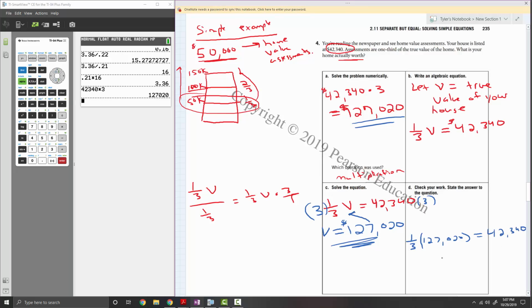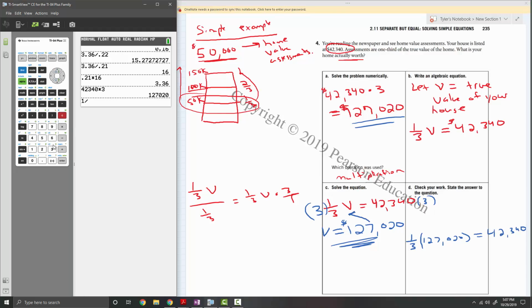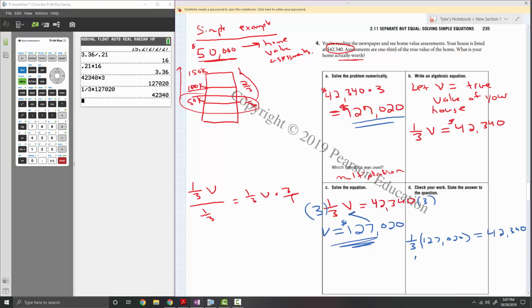So just plugging this into that equation, and then if I take 1/3 times 127,020, I get that amount, right? 42,340. Right, so it works out. We get the same number on both sides once we simplify. So therefore, that's a solution, right? Just a simple way to check and verify we didn't make a mistake somewhere, right?